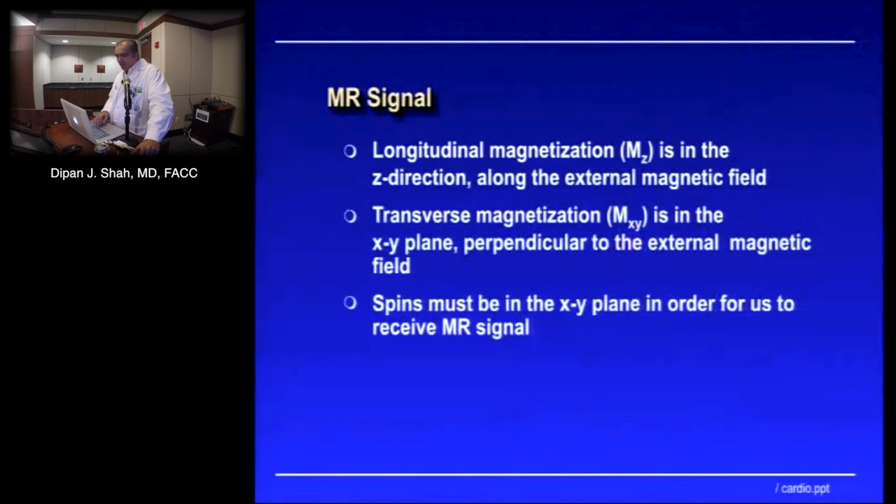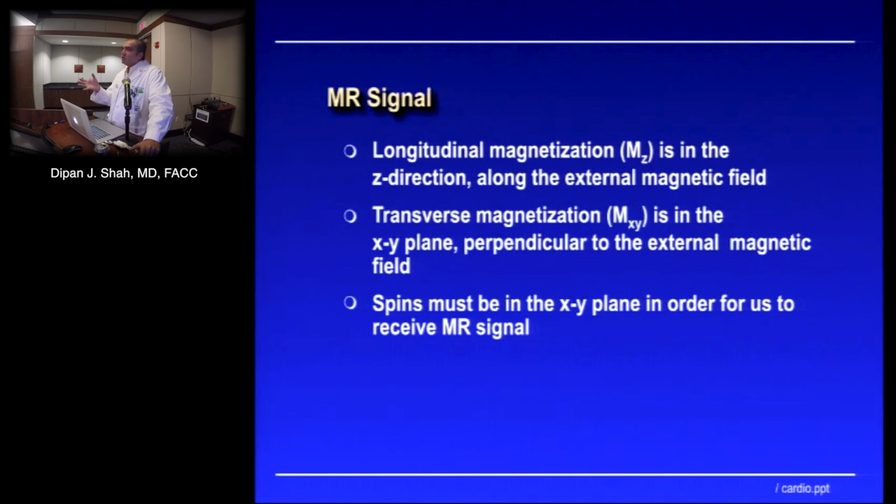Okay, and whenever they receive that energy, that takes them from the longitudinal state, which is the normal resting state, into the transverse state. And the transverse state is what you use to actually receive MR signal. So you have to go from the z-axis to the x and y axis to be able to receive MR signal.